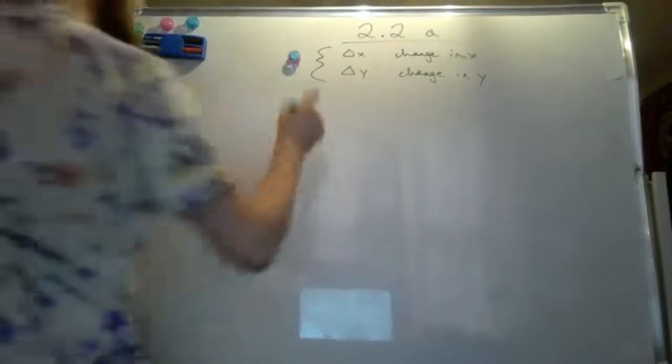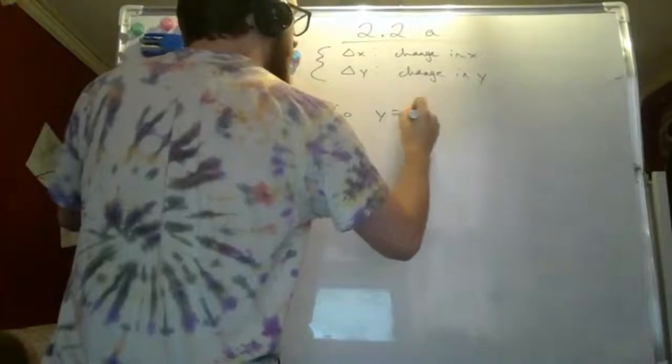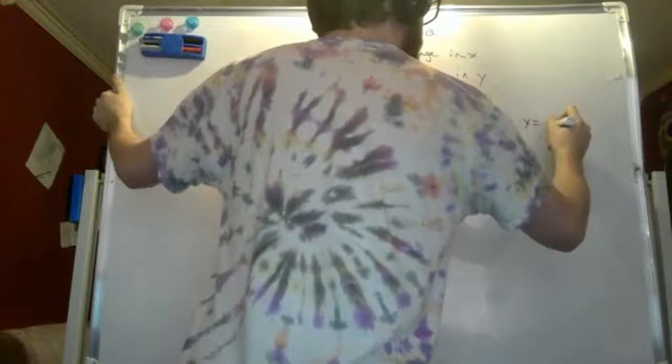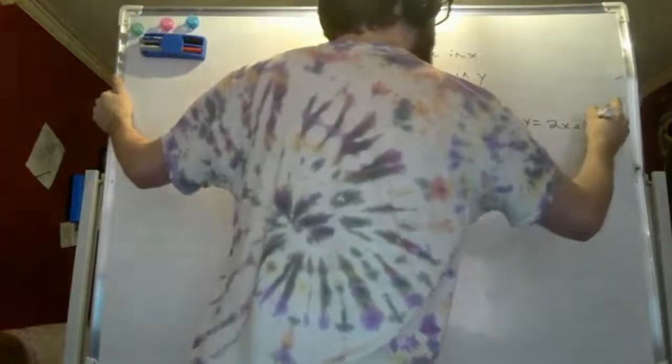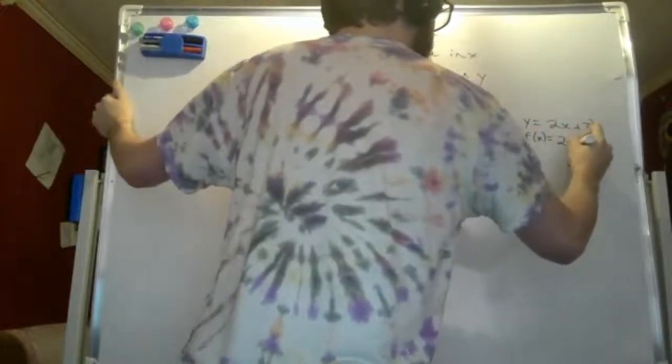Right, so for a given function, y equals f of x, and I have it written like this just because oftentimes, as an example, we see functions written as like y equals, I don't know, 2x plus 3. But we could also write this as f of x equals 2x plus 3.